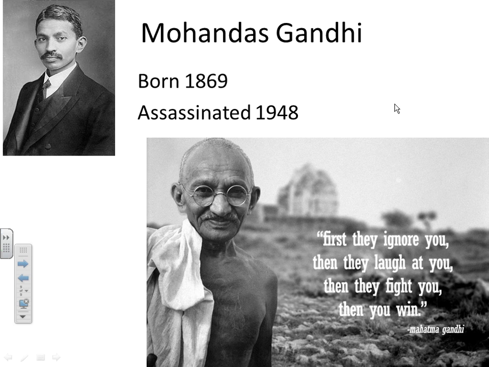Once he and others supporting Indian rule were beaten down and sustaining violence from British authorities, his non-violent response was a strong tactic that brought about this Indian independence. So he's quite a hero and quite a figure in history that I wanted you to connect with this storyline.